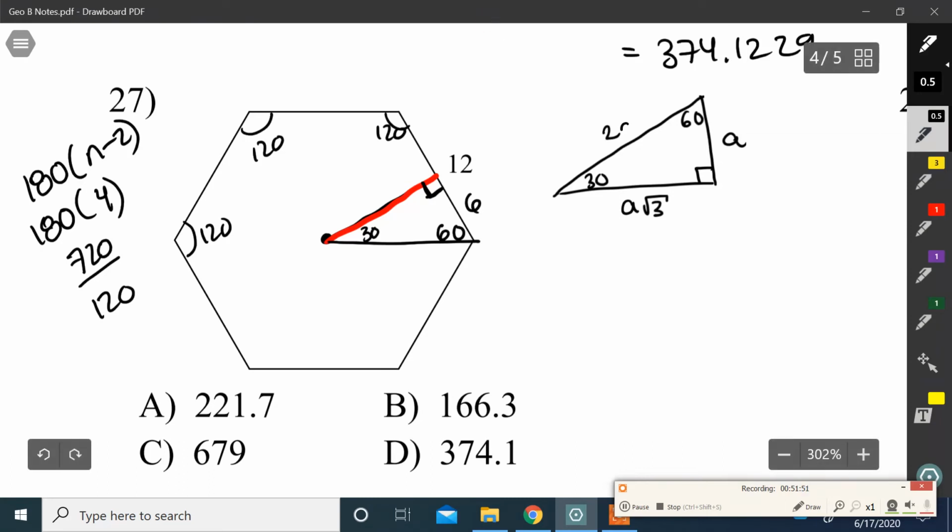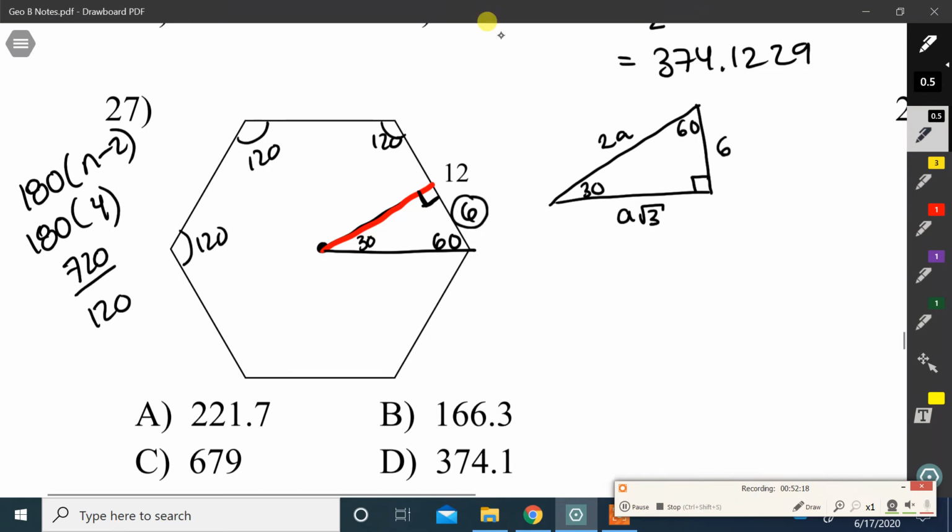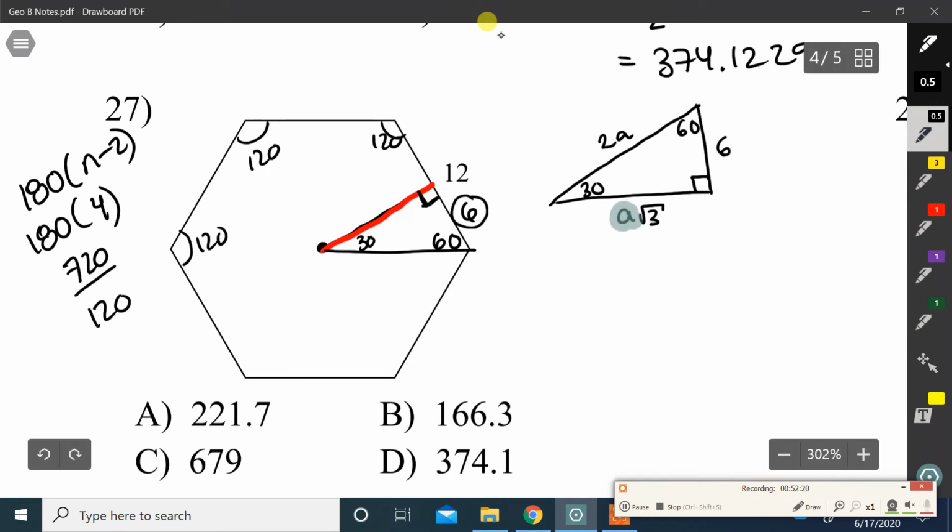And this will be 2A. All right. So the A in this case is actually this right here would be 6. As you can see there. Then that means that I'm going to replace that A and put a 6 right there.